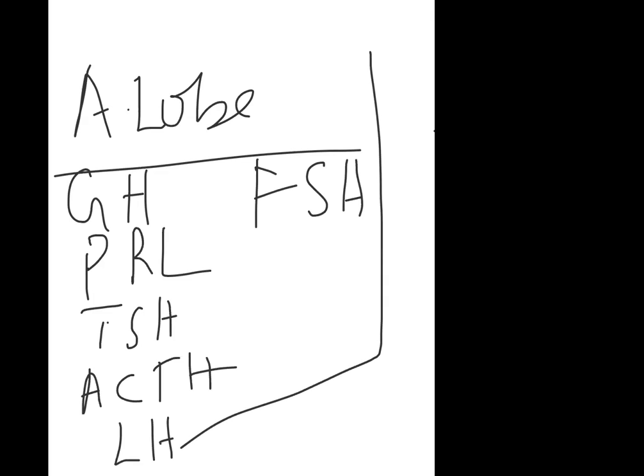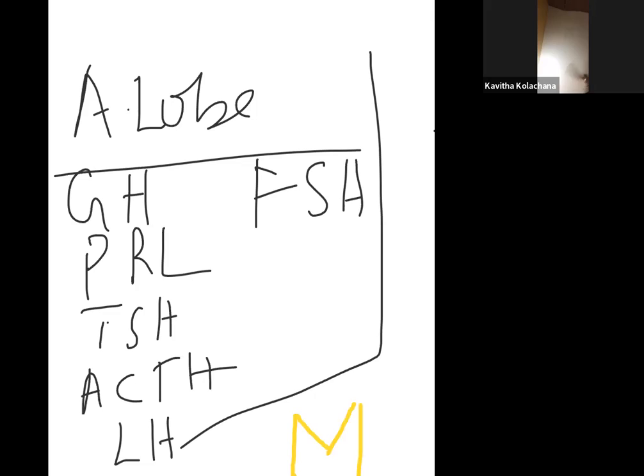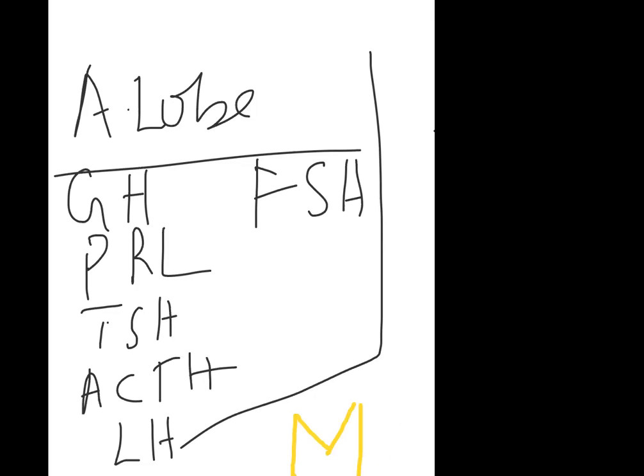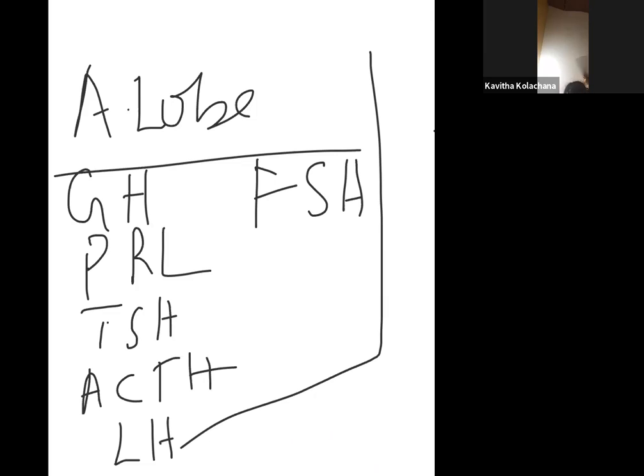Growth hormone is for the entire growth of your body. Prolactin is for activation of the mammary glands after parturition, after childbirth. TSH stimulates the thyroid to release thyroxine.